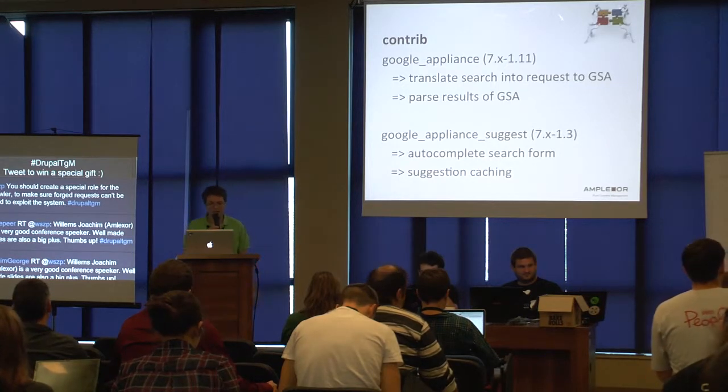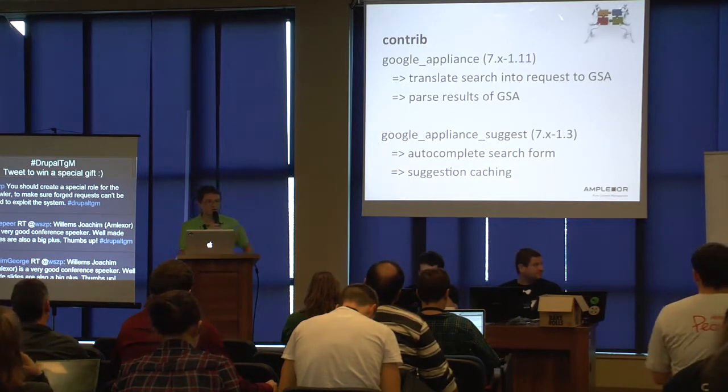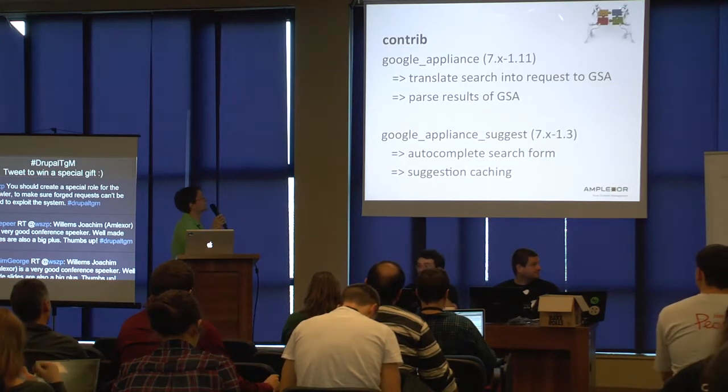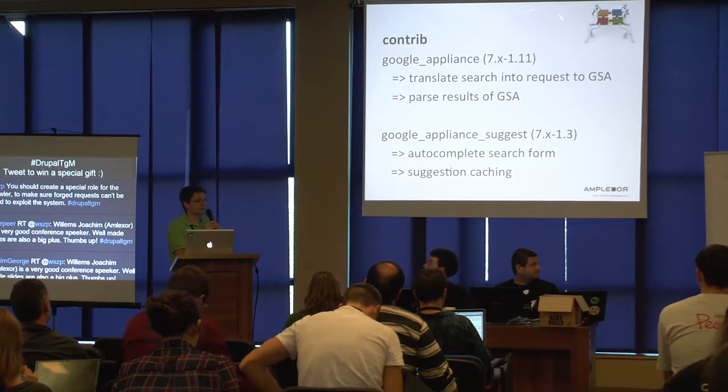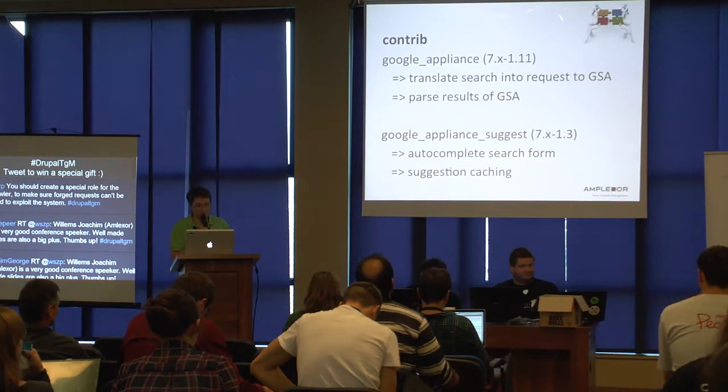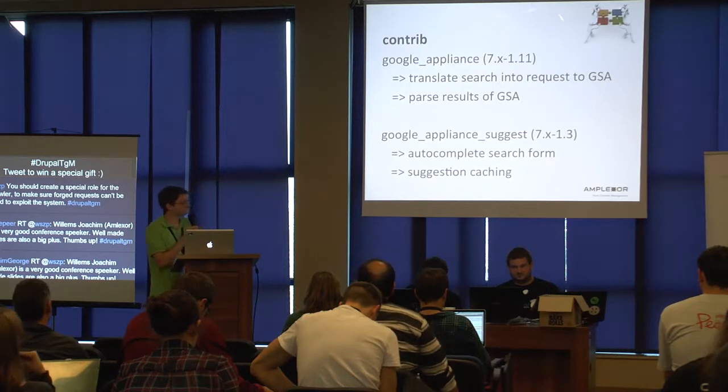The Google Appliance module. 2 important tasks it does for us, not much more than that. Just translate search into a request to the appliance, then parse the results, the XML results from the appliance. Then there's also the Google Appliance Suggest, which offers an autocomplete search form, and where you can have some suggestion caching.